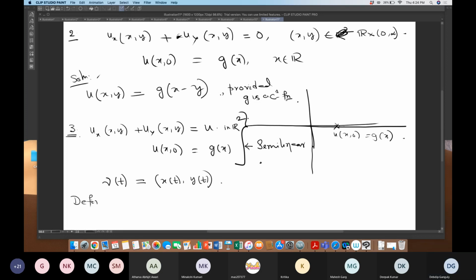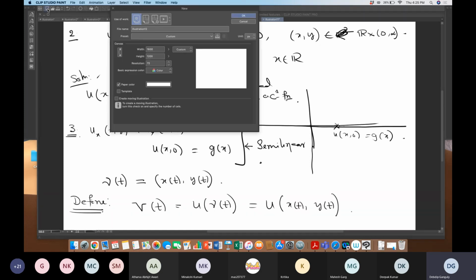Define v(t) is u of gamma(t), that is u(x(t), y(t)).